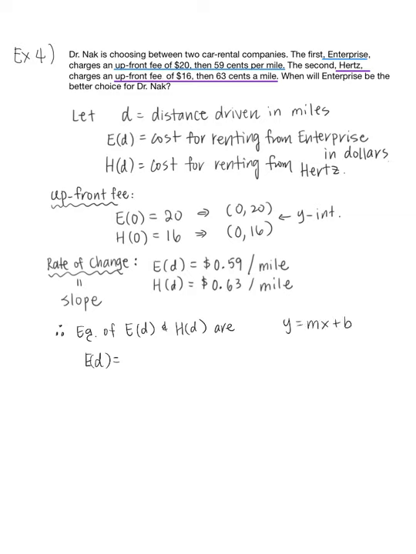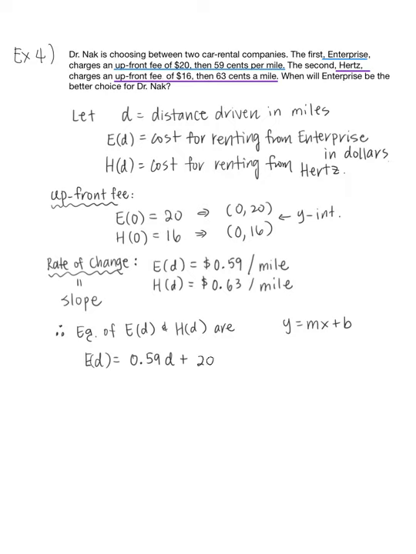This is what we're going to follow, but instead of an x, we're going to have a variable D. So here what we're going to get is m, which is the slope, 0.59D, and then plus the y-intercept. Well, the y-intercept is 20, so I'm going to write that as 20.